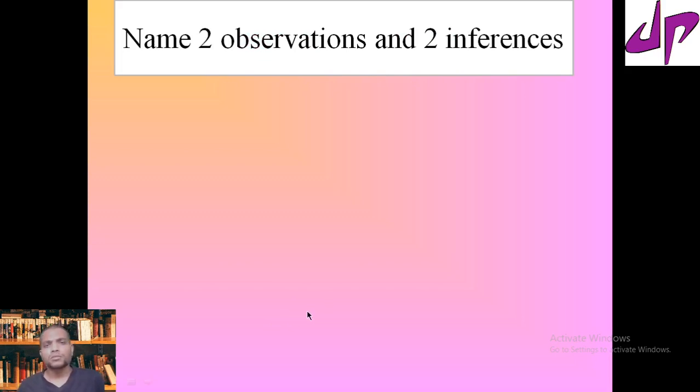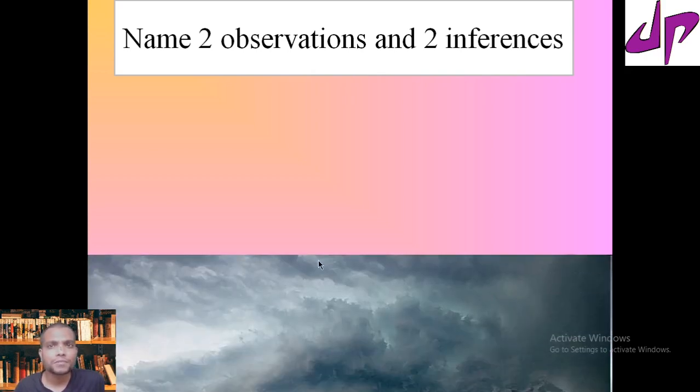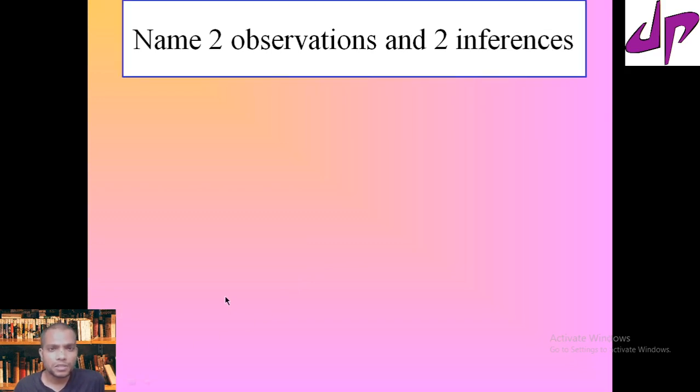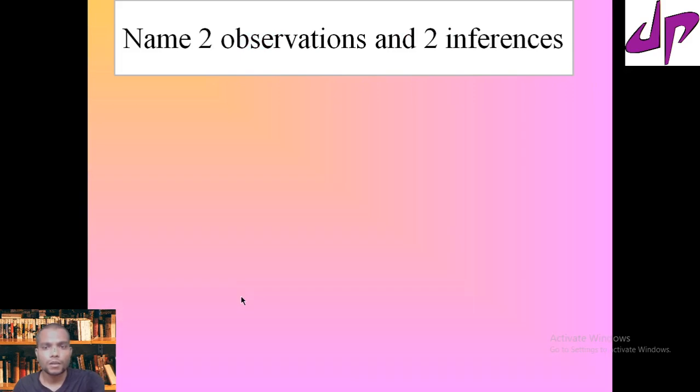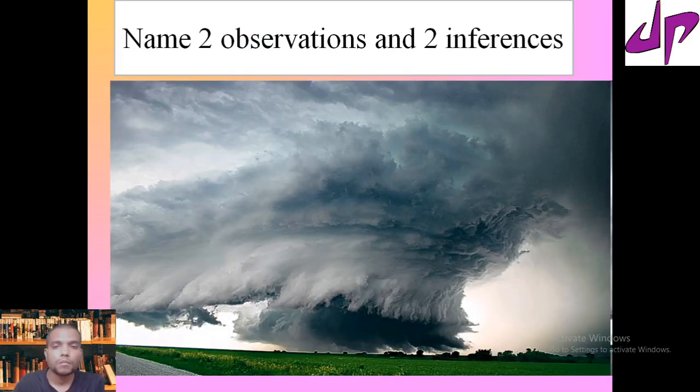Now I'm going to show some pictures. Try to make two observations and two inferences. Observe the picture and make your own observations, any two, and two inferences.